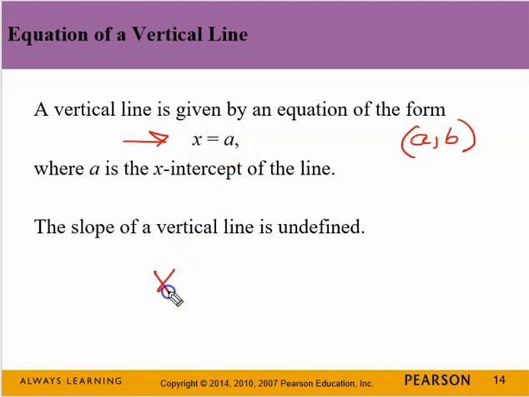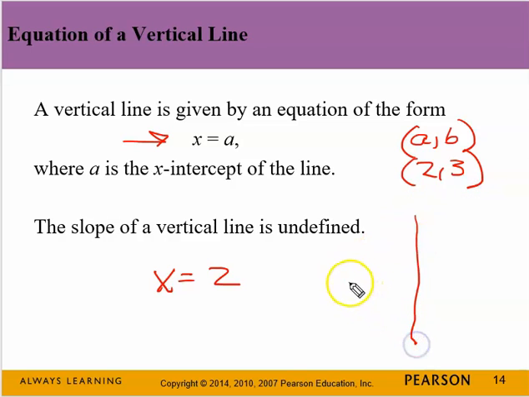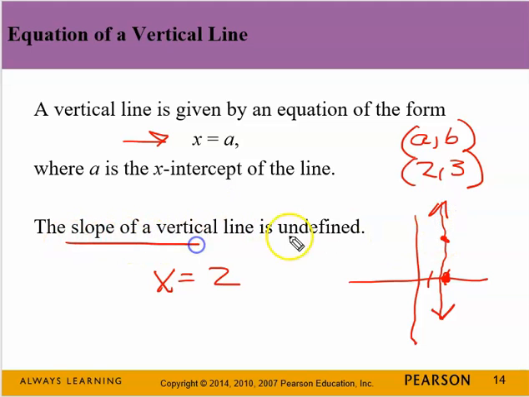So if we had x equals 2, and that ordered pair 2 comma 3, again, if we were to sketch it, the 2 is right there, and our point, if you recall, was up here, and it just makes a vertical line. Didn't do it too well. And we said the slope of all vertical lines, just review, is undefined.